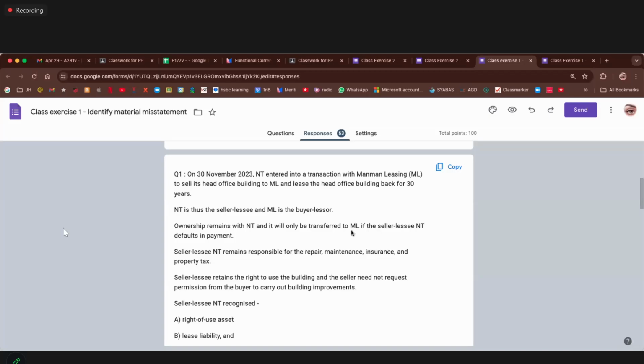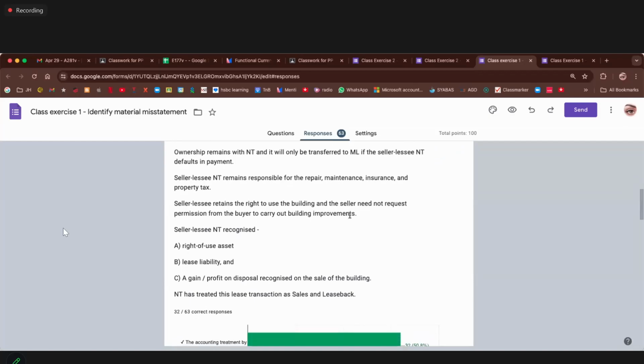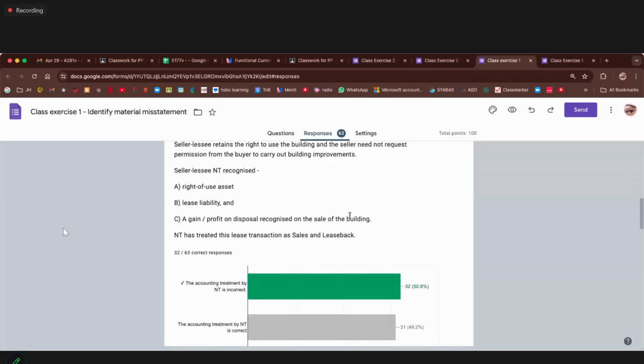But this question is tough because of the limited information offered in the case study. The question needs you to decide whether it is a sale and leaseback transaction or not. In this question, the answer is that this is not a sale and leaseback.